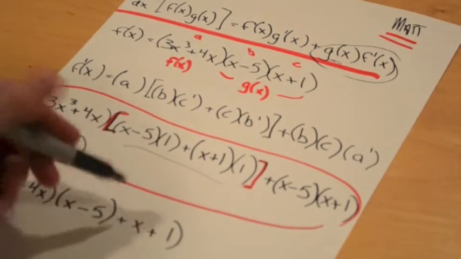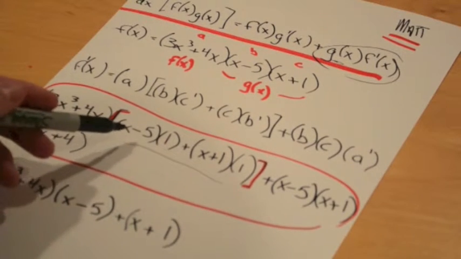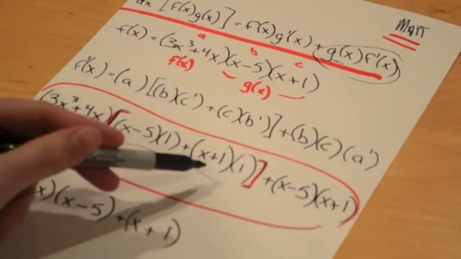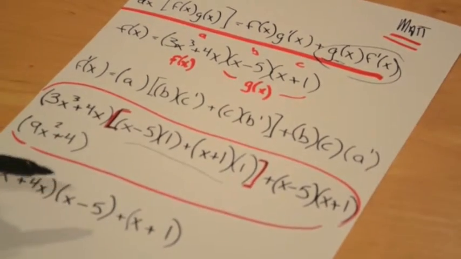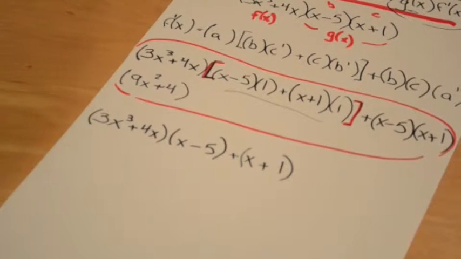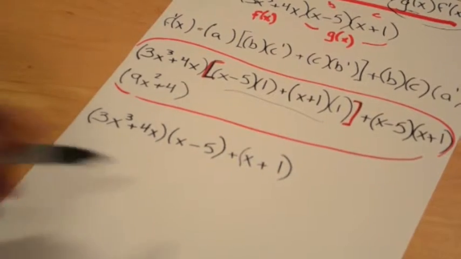Okay, now if you didn't see where I got that from, right here, x minus 5 multiplied by 1 is x minus 5, and x plus 1 multiplied by 1 is x plus 1. Okay, now, continuing on with it, let's just focus on this area.